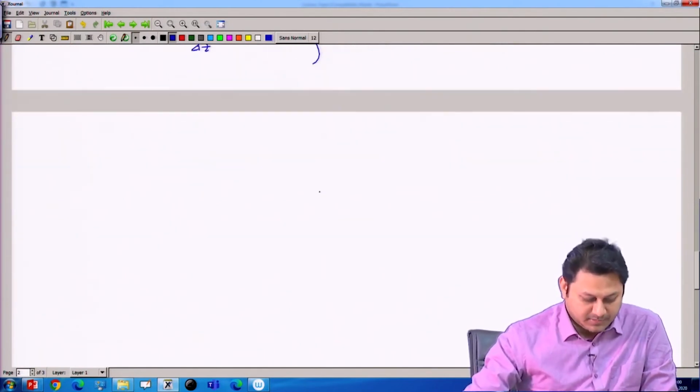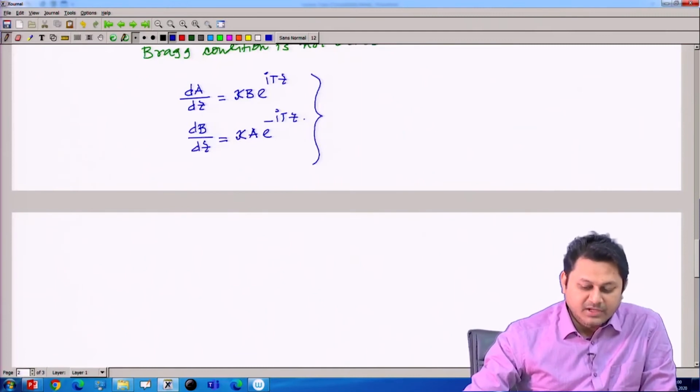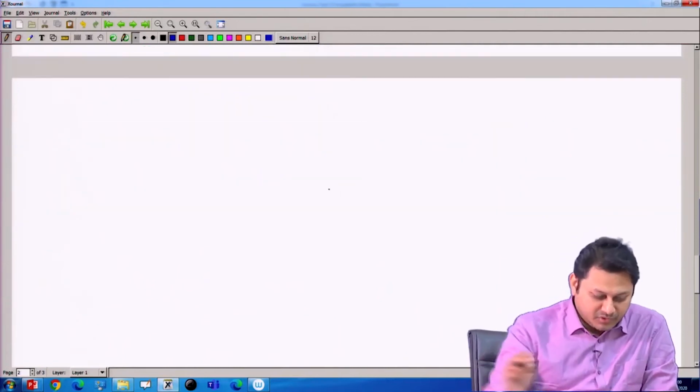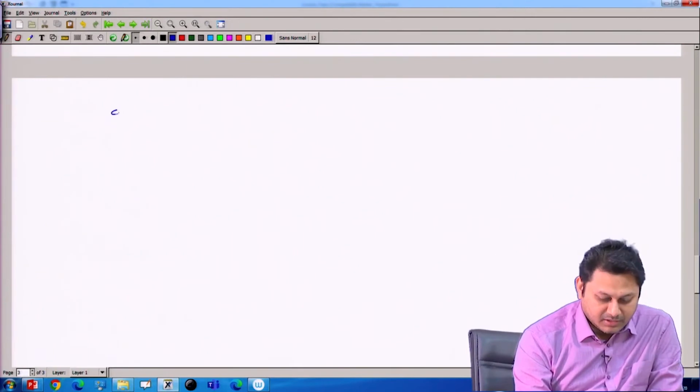Now, we need to solve this. The solution of this kind of equation we already did in the coupled mode theory while understanding the optical coupler, the directional coupler. So, here we will follow the same treatment. Let us make a derivative with respect to Z of the second equation.